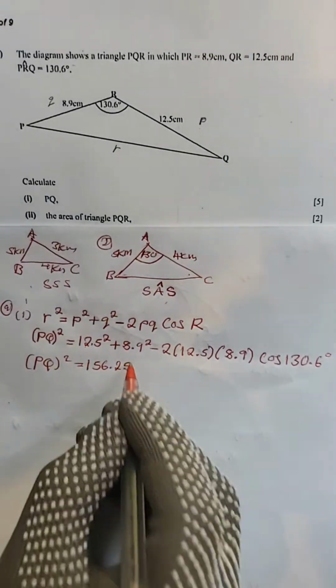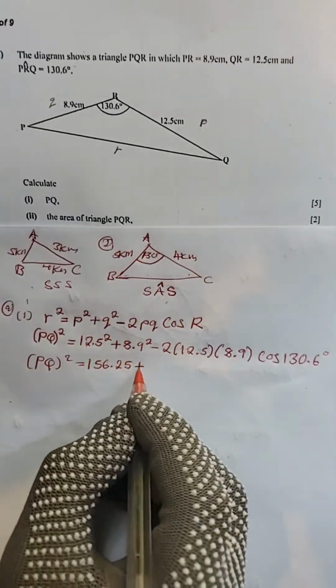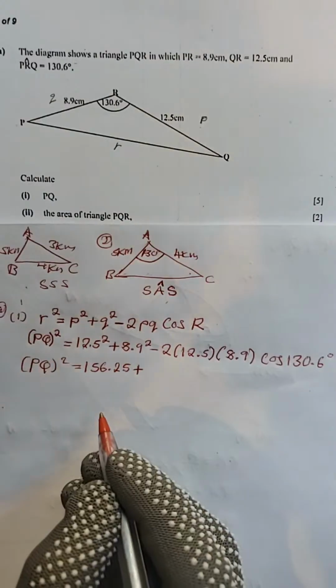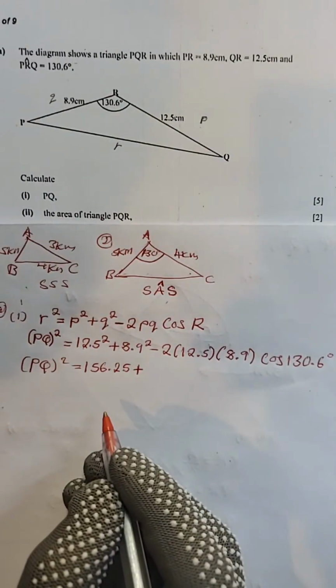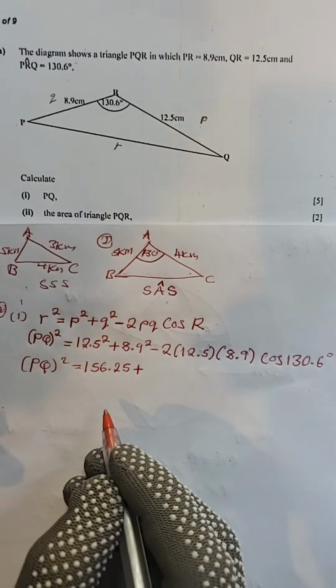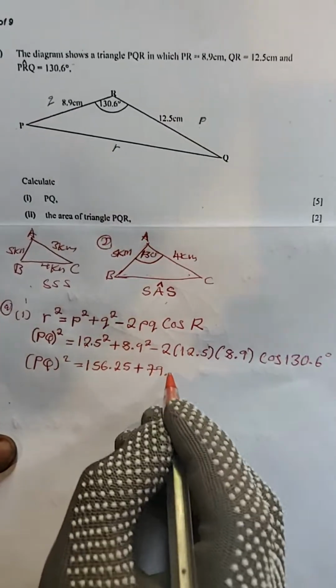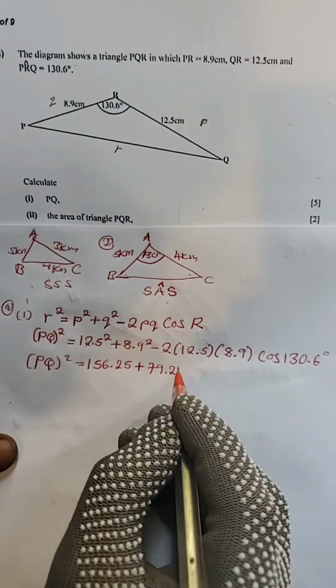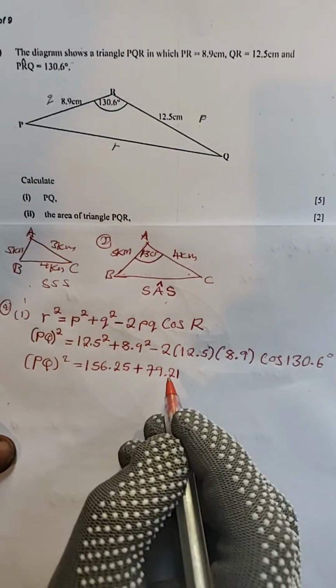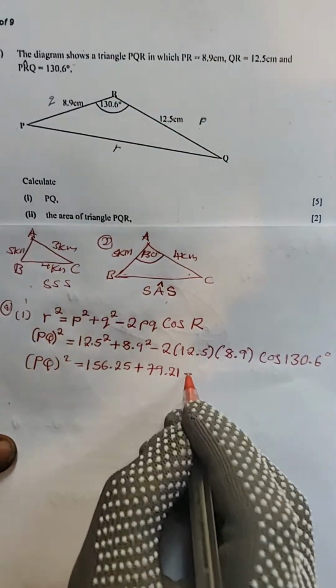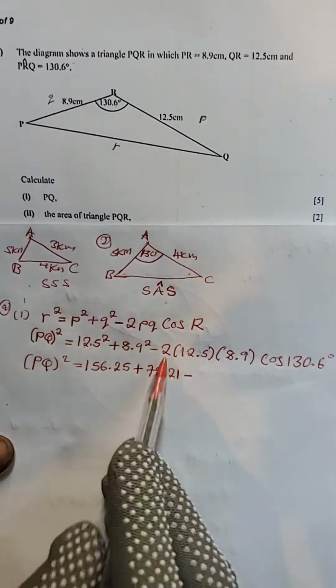Plus 8.9 squared. This is 79.21. Minus, so here just multiply.